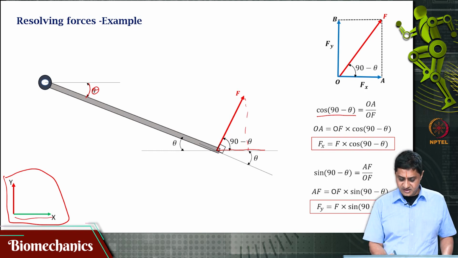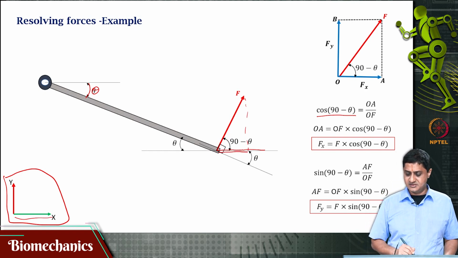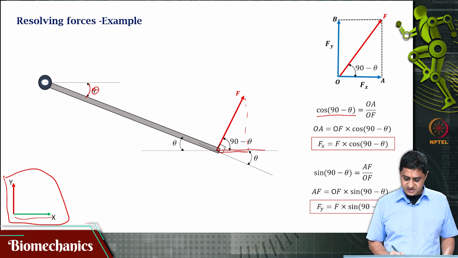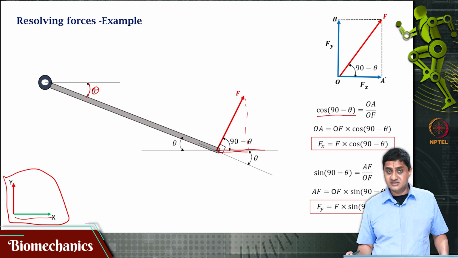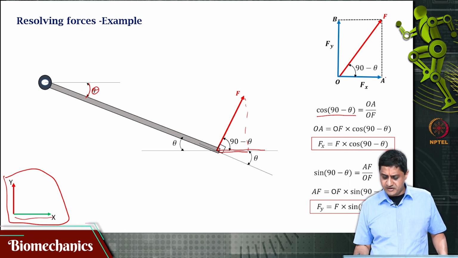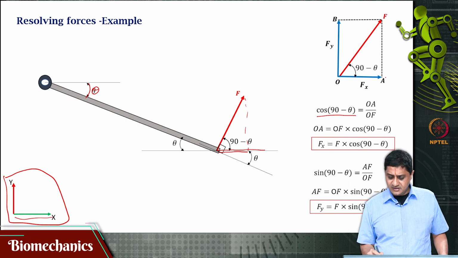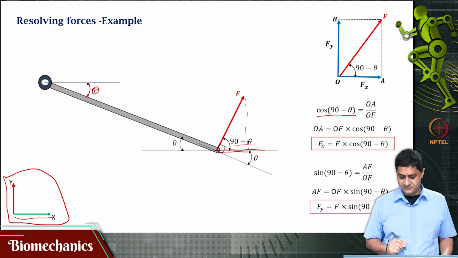I am interested in finding that distance, that is OA by OF in this triangle OAF. OA then is OF times cos of 90 minus theta.